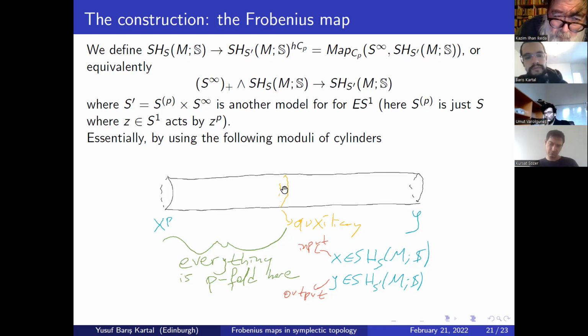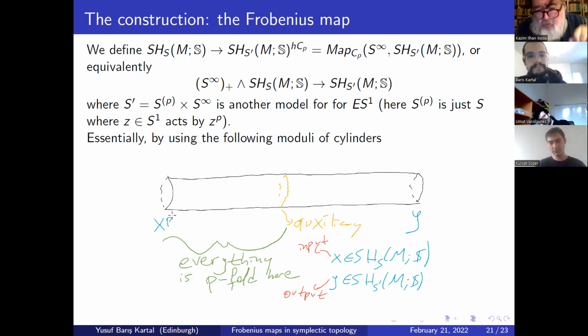You put an auxiliary mid-circle here, and you choose the data to be p-fold on the left of this circle, and you consider the holomorphic maps from this cylinder so that on this part of the cylinder everything is p-fold. When breaking happens, well, let me not say anything about that.